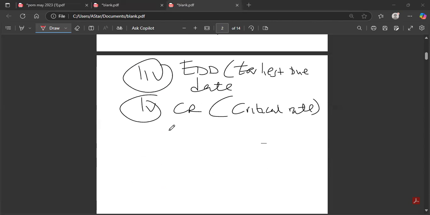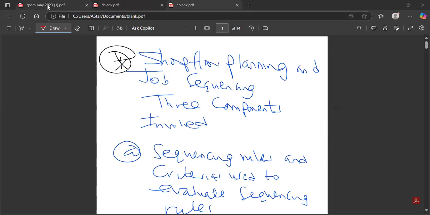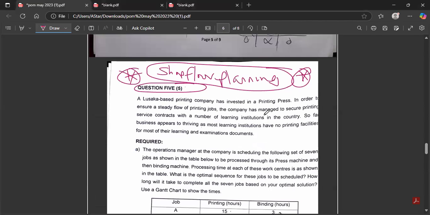So to evaluate each sequencing rule, I'm just giving a guide for your planning before we look at this entire question 5, how it came.